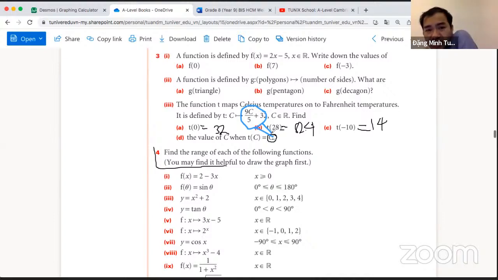So C equals negative 40. Negative 40. Got it.